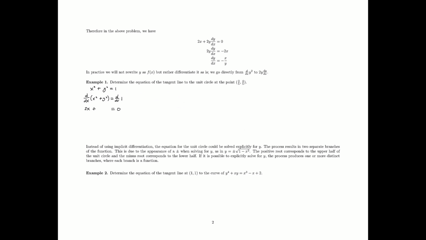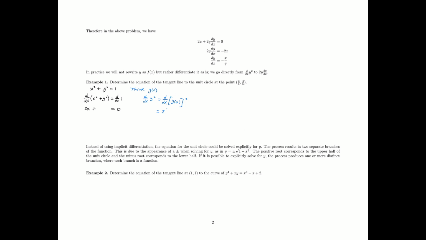So we can think that y is just some function of x. When we have a term like y squared, this is really saying take the derivative of this function y of x, quantity squared. What does the chain rule say to do?